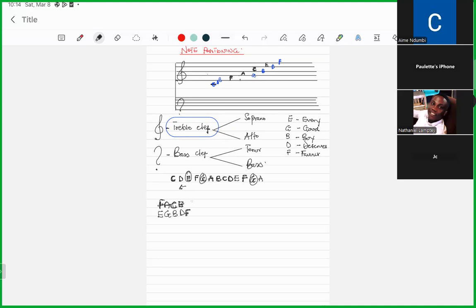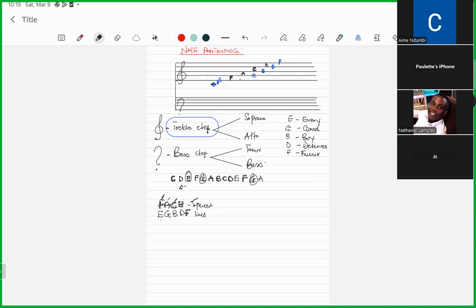So this is for the spaces and this is for the lines. That means that when I have a note on the first space, it's an F. When I have a note on the second space, it's an A. Third space is a C. Fourth space is an E.